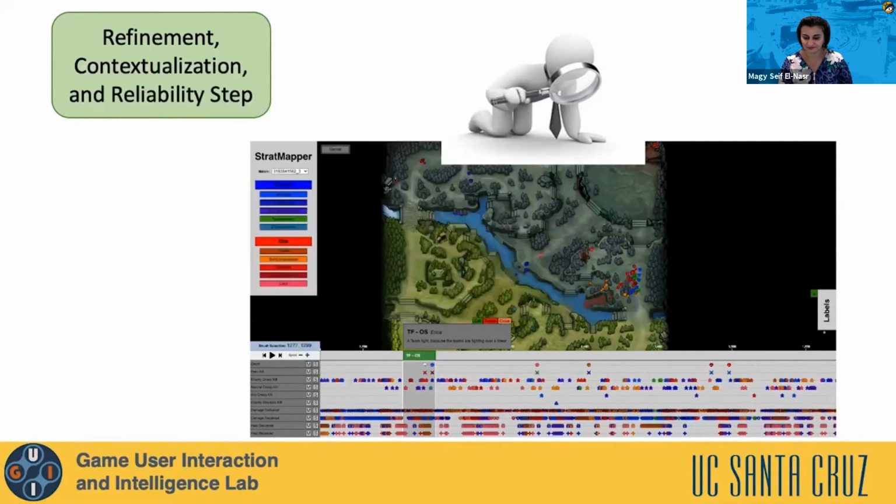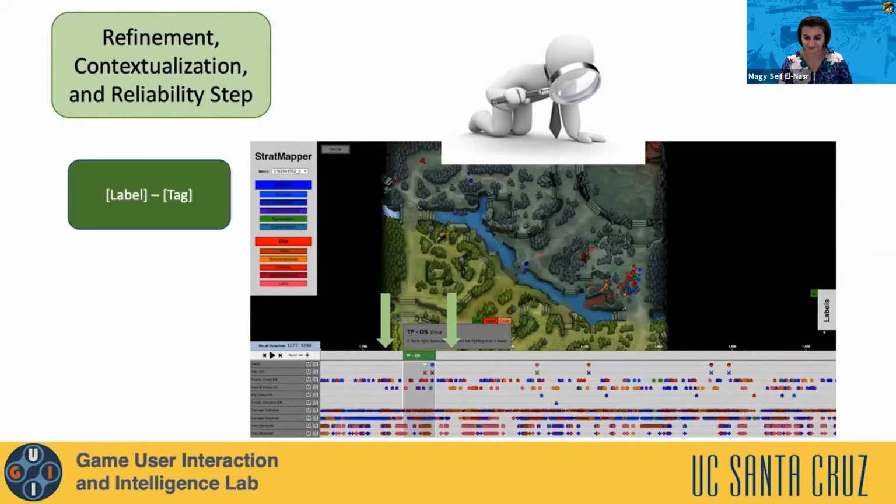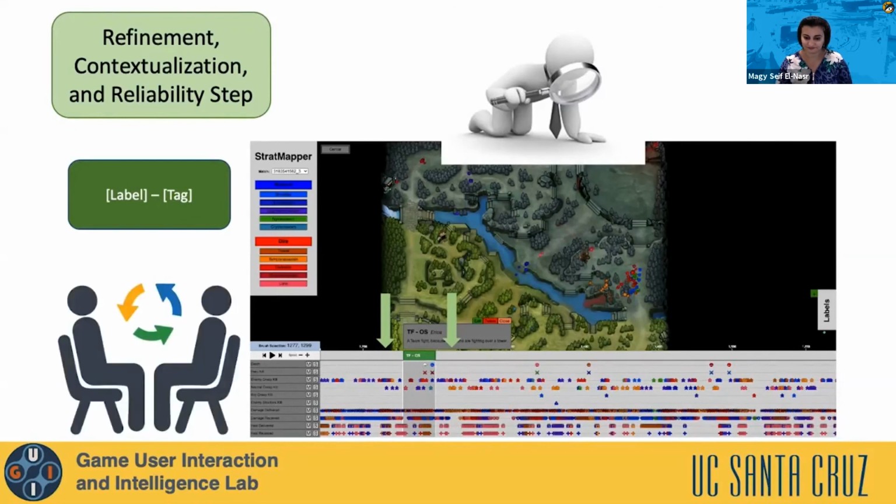They can then examine what players are doing more specifically and adjust and combine labels to better represent the behavior. They can also derive contextual information by observing what happened before, during, and after each event, and turn these into contextual tags that can be combined with the labels. This essentially creates a rubric of label-tag pairs, where the label is the behavior and the tag is some additional context. For reliability, it is recommended to do this in an iterative process with inter-rater reliability checkpoints.